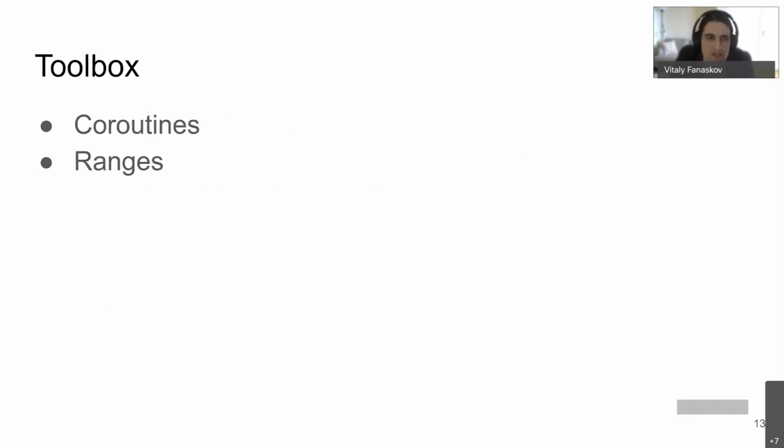So what do we have in modern C++ now, in C++20? We have two things in our toolbox: coroutines and ranges. I guess all of them, at least coroutines for sure, are supported by the three major compilers, MSVC, Clang, and GCC for now.